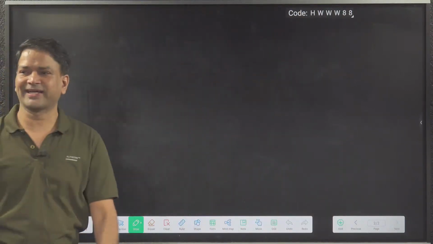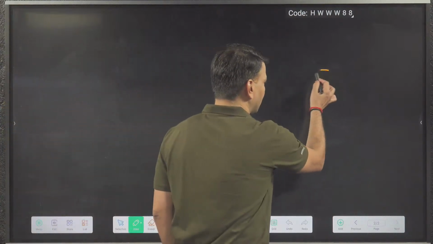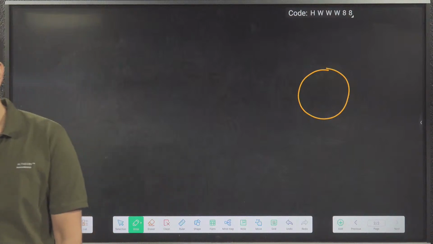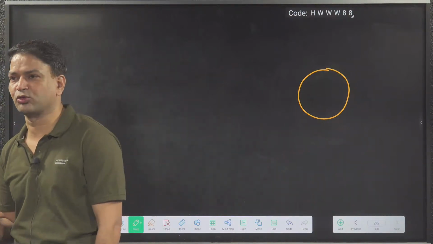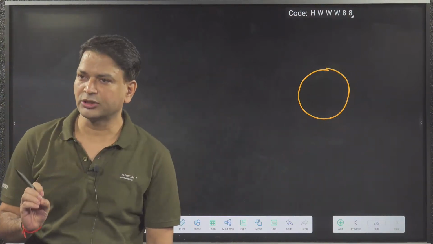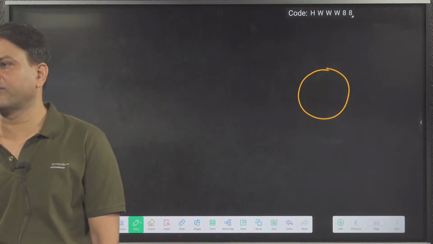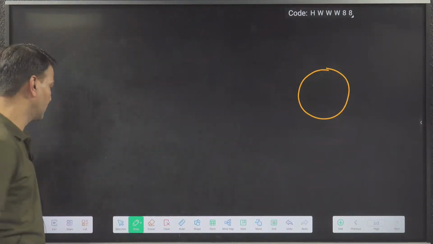Now, complete angle. Everybody knows what a complete angle is. In the unit of degree, what is the value of the complete angle? 360. Everybody knows? Okay.